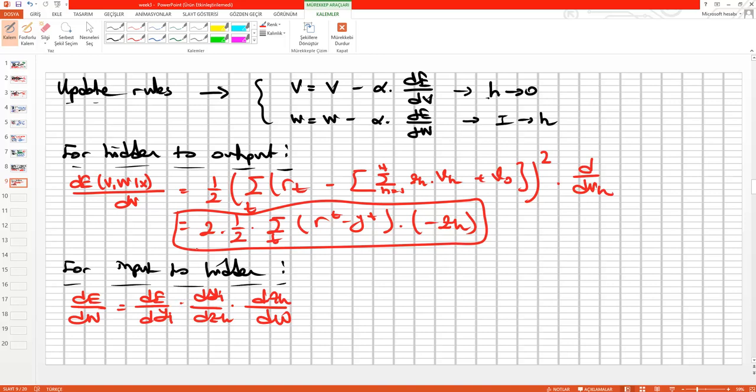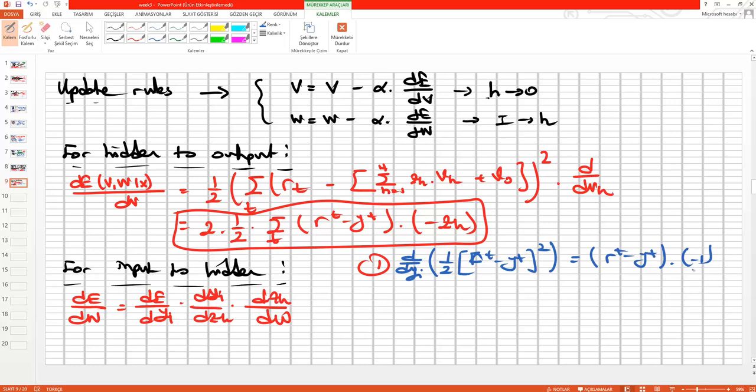Okay, this is the chain rule. It's the mathematical notation. Okay, and so in the first place we have dE/dy, so 1 divided by 2 times the sum of (r^t minus y^t) squared, and so the internal term should be written in here, and so minus 1 should be added, because this 2 is coming from these terms, and we need to take the derivative of y, and y has the negative sign here, so this should be multiplied with minus 1.